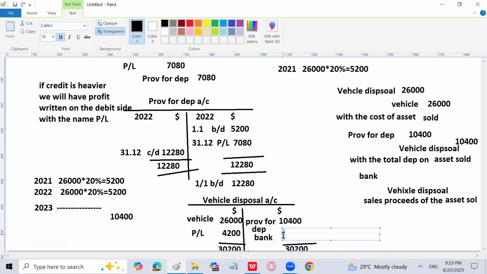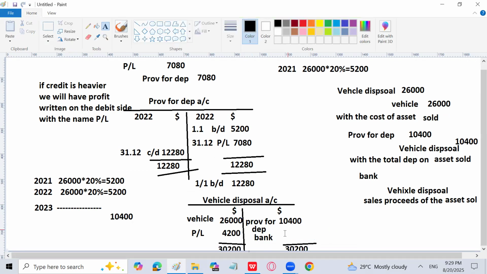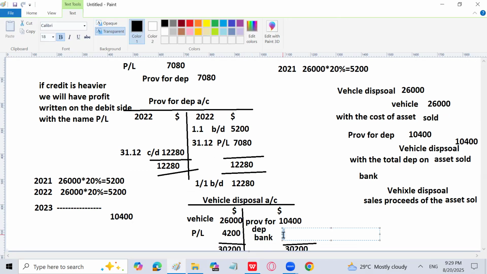It means that the sale proceeds from the sale of that asset is 30,200 minus 10,400. क्या आती है? 19,800. So this is going to be the bank proceeds.